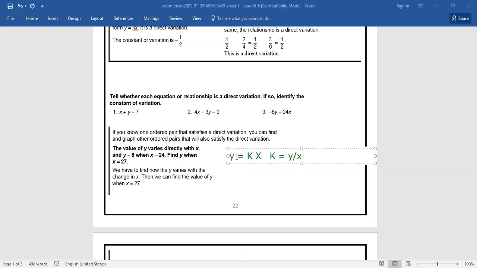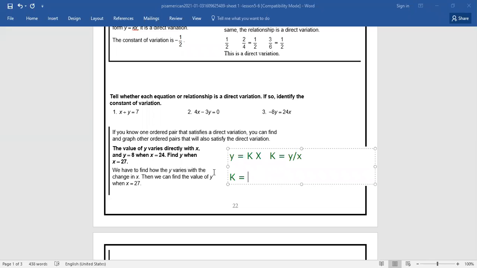So in this question, to calculate the value of K, we are going to use the first y and the first x. What was the first y in this question? Back to the question, he said the value of y varies directly with x and y equal 8.